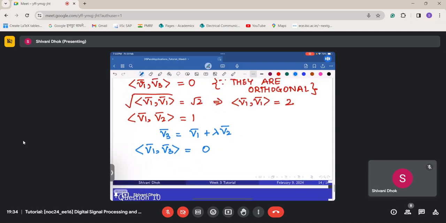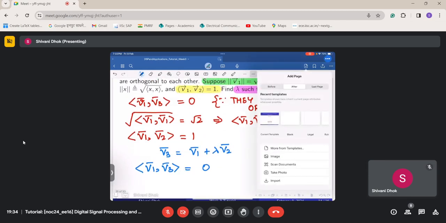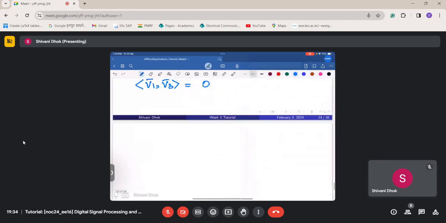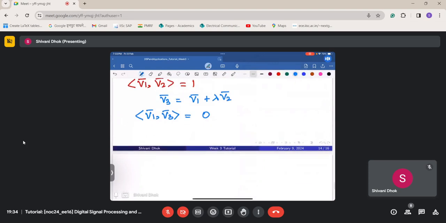Now using the relation that we have, this thing I can also write as the inner product of V1 comma V1 plus lambda times V2 bar. Now these inner products are linear in nature.